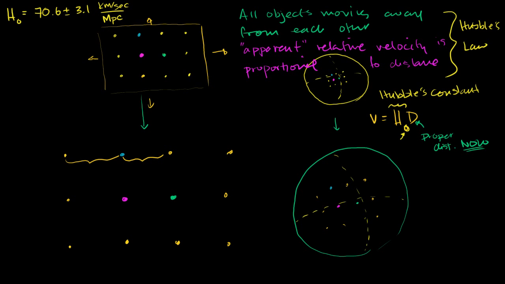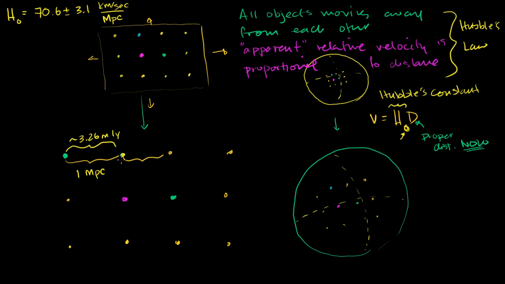So another way to think about it is, if this is where we are in the universe right now, and if this object right over here, if this distance right over here is 1 megaparsec, so 1 million parsecs, or 3.26 million light years from Earth, then this object will appear to be moving away, although it's not moving in space.